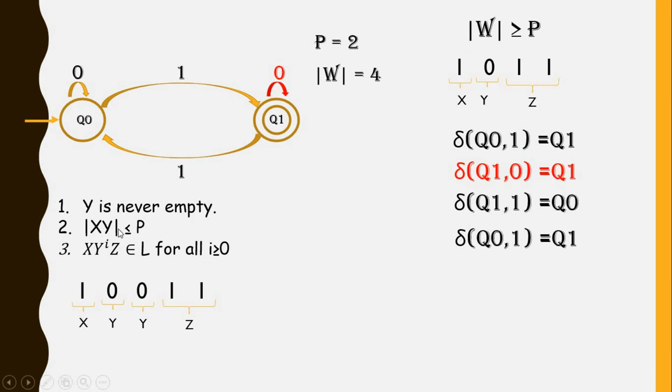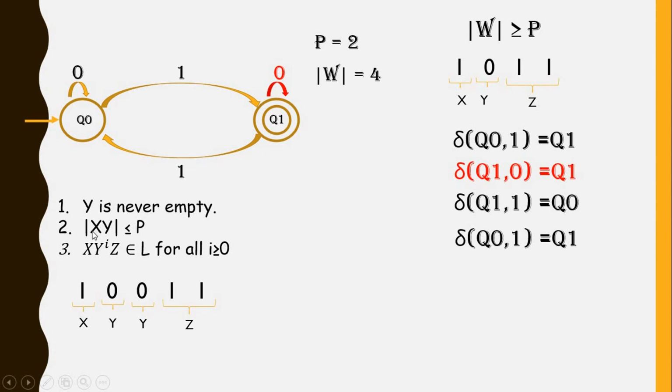Now, going back to the second condition. As I said, when you break this condition and you pump up or pump down, sometimes you are in the language and sometimes you are not.